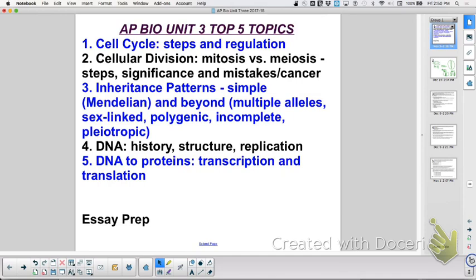Chargaff. And he would say what? However many adenines you have, the same amount of thymines, and however many guanines, same number of cytosines. He didn't know what that meant, but he knew that that's how it was. But it could vary among species, but at least the A's and T's were the same and the G's and C's were the same. Then who else? Rosalind Franklin. And she sent what through DNA?